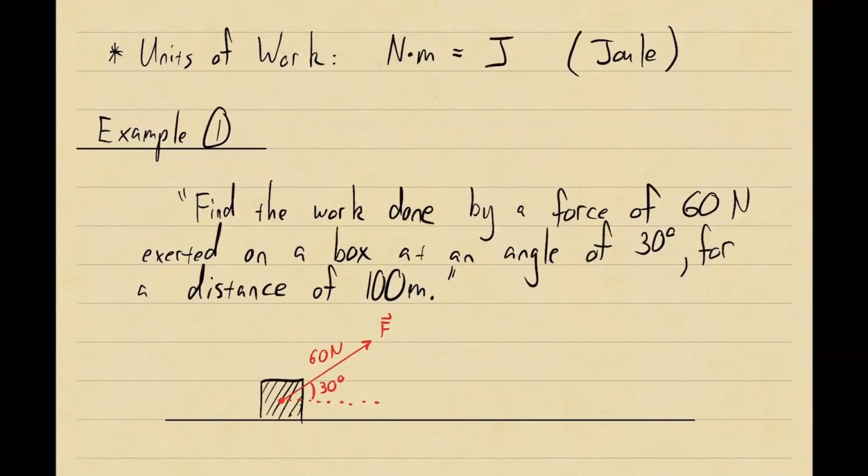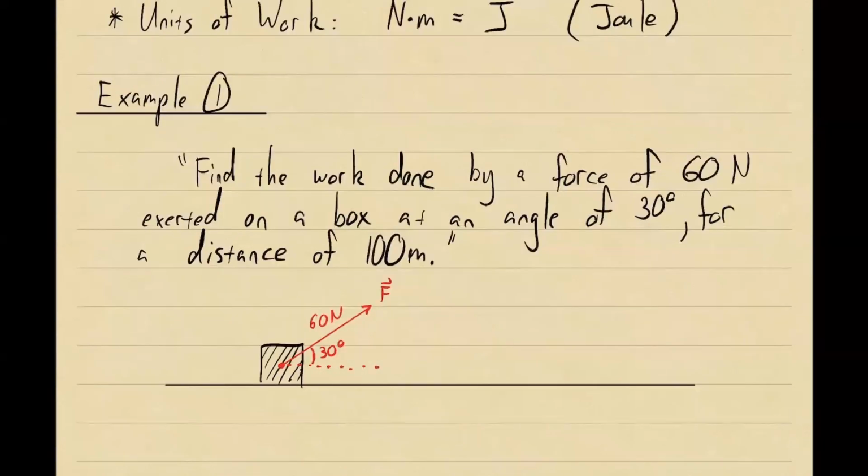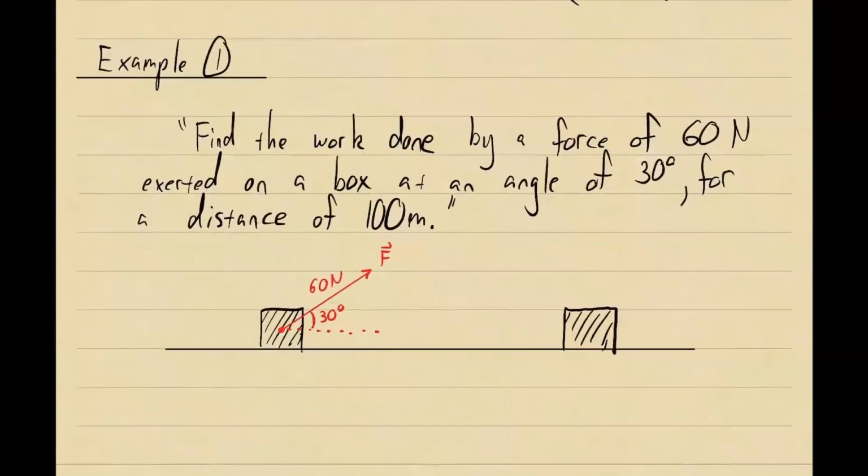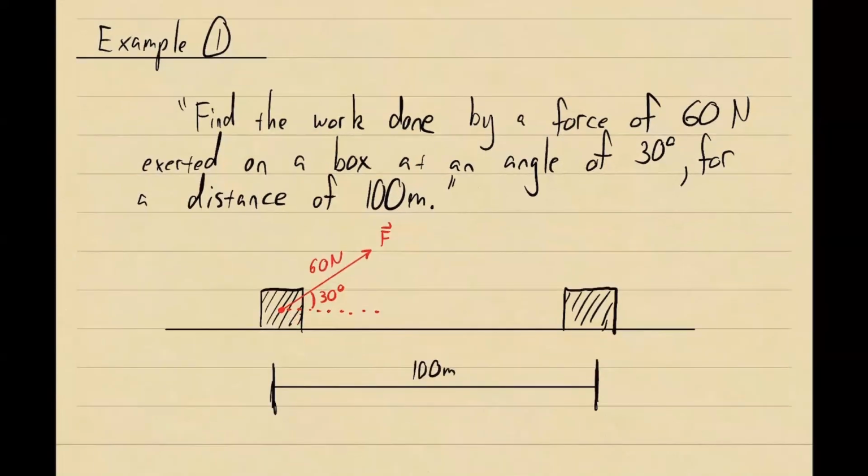And this box moves 100 meters off to the right or whatever. So its total displacement, the total distance that it ends up traveling, is 100 meters. So our displacement vector is in this direction. So this is our displacement D, right? And if I was drawing this more accurately, I would draw this all the way over here, but I'm not, for illustrative purposes.